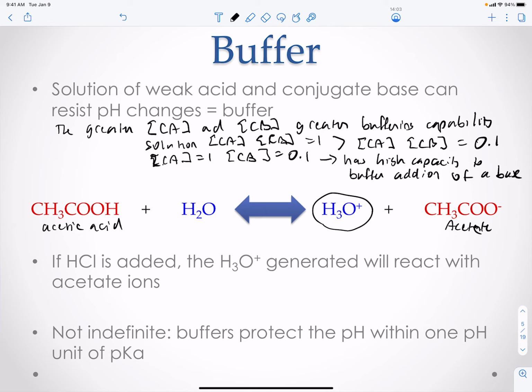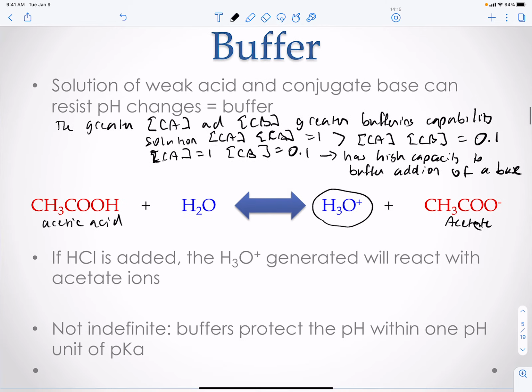And then the buffering capabilities have to be flexible, and the flexibility is that the conjugate acid and base should be as close to equilibrium with each other as possible. And this provides flexibility in buffering.